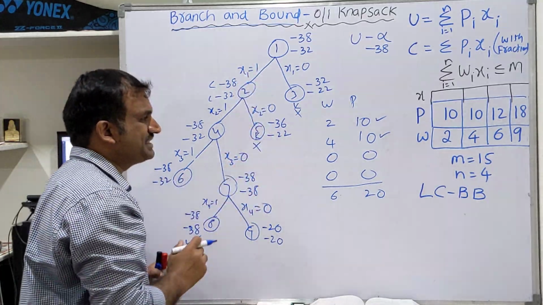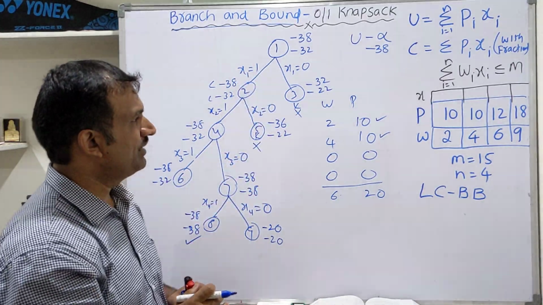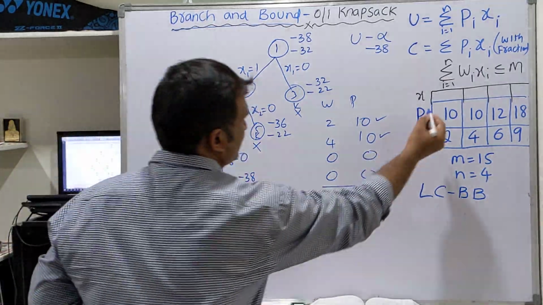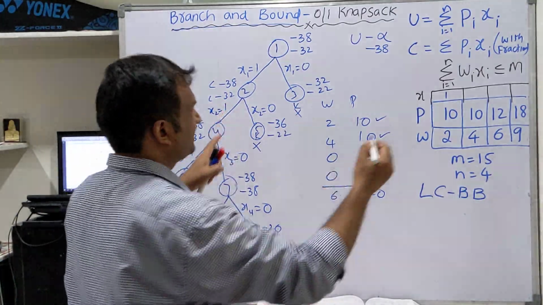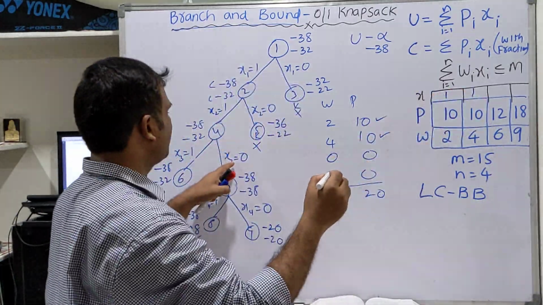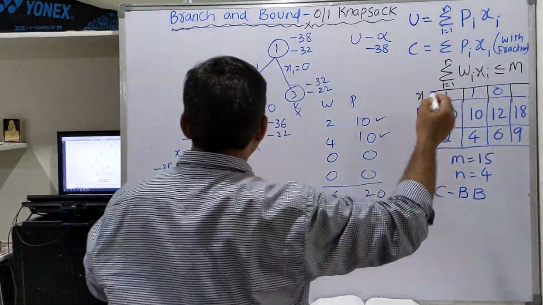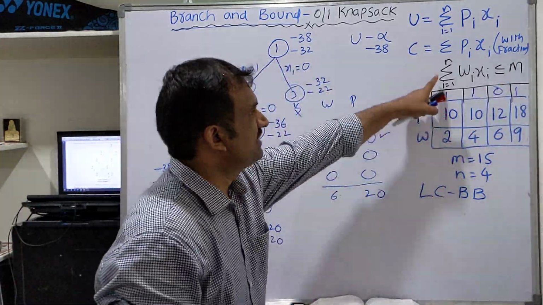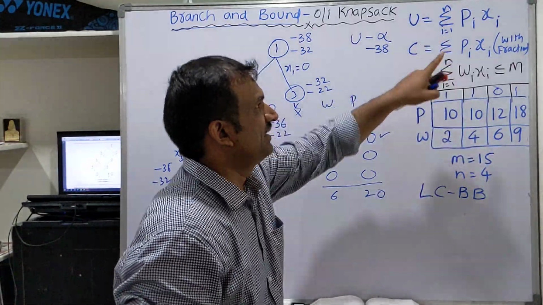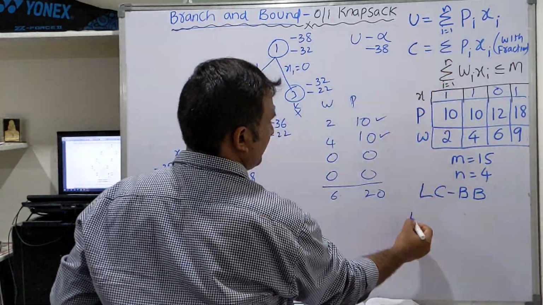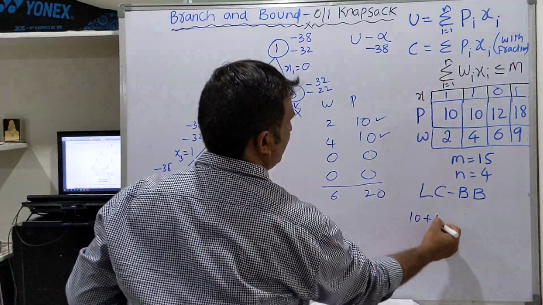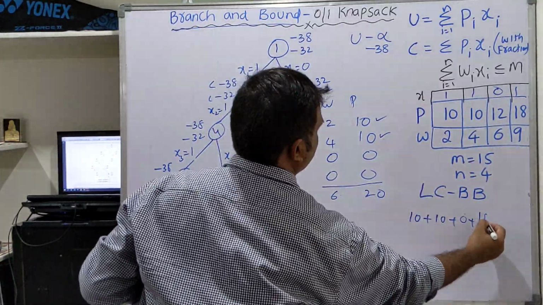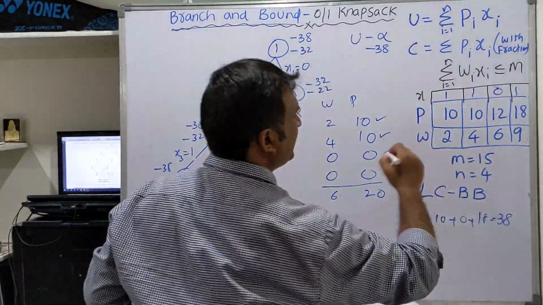So this is about 0-1 knapsack using branch and bound. So what is the answer here? Consider the first item 1, consider the second item 1, don't consider the third item 0, consider the fourth item 1. The profit is pi into xi, that is 1 into 10 plus 1 into 10 plus 0 into 12 plus 1 into 18, so the profit is 38.